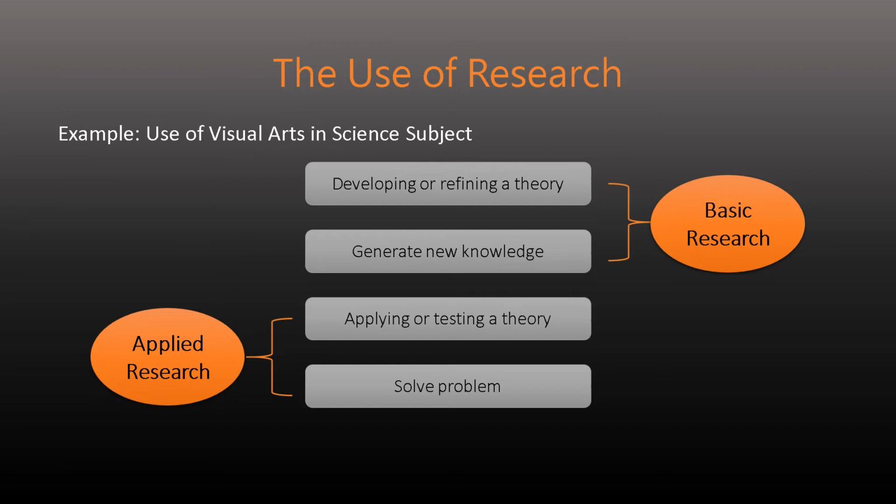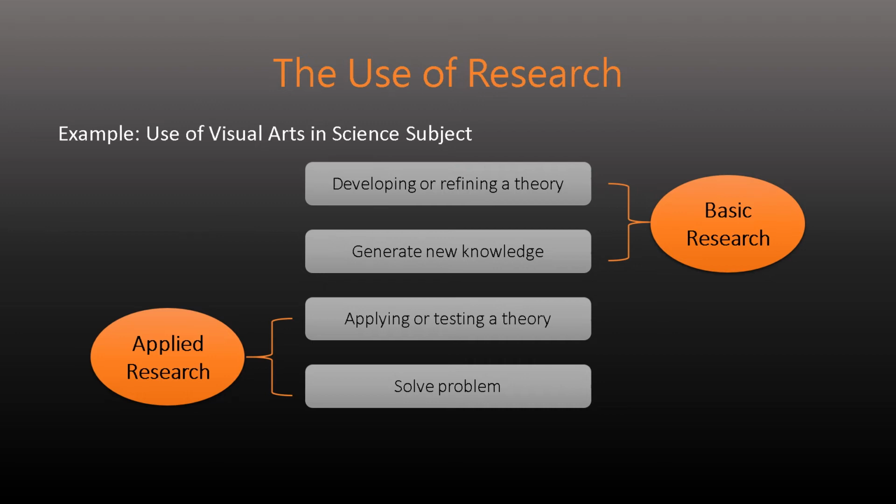So, let's test a theory by doing experimental research. Use it as an intervention to teach a science concept and assess the students if they really learn based from that intervention.